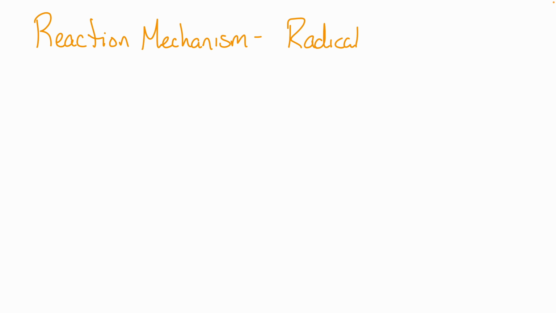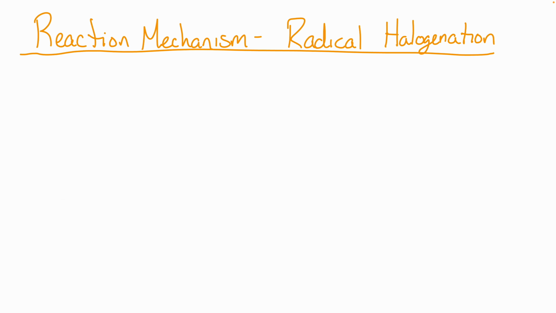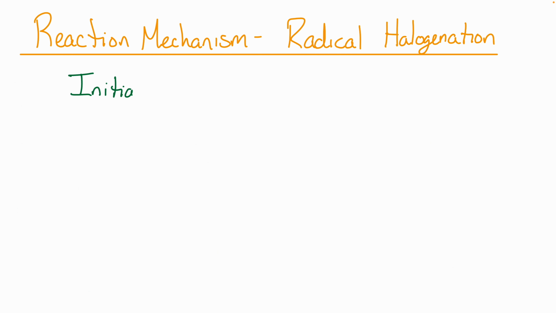Cool. Now we're going to look at our reaction mechanism for this radical halogenation. And this is going to be a little bit more in depth than the reaction mechanisms that we've seen up until this point. Because of those radicals, we have a few different steps that have to occur in our mechanism here. The first is what's called the initiation phase.